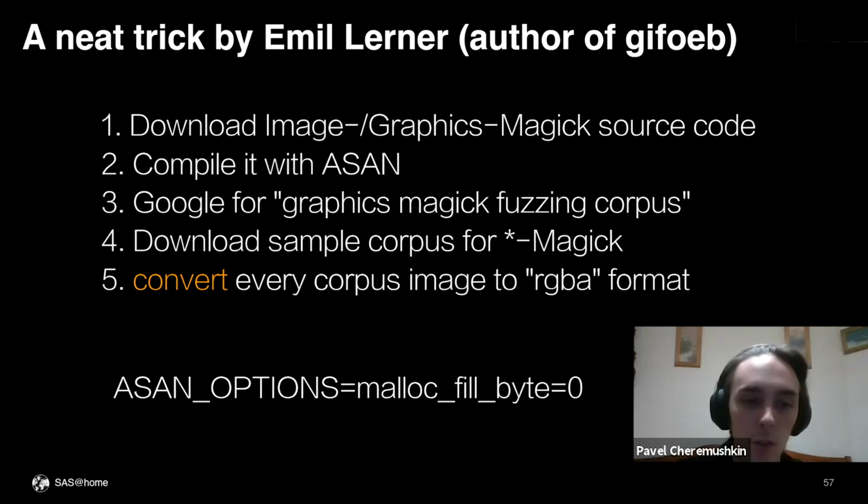This is an environment variable that we export before performing the conversion. The option is called MALLOC_FILL_BYTE. Normally, when you allocate something with the malloc function, it leaves memory uninitialized. But if you use the calloc function, the memory is zeroed.